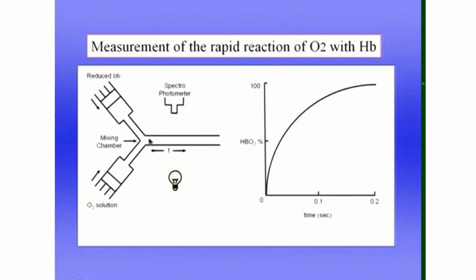And then as the solution passes along here, the reaction takes place. The solution passes along here quite rapidly, and we use a spectrophotometer to measure the increase in the oxygenated hemoglobin, because the spectrum of oxygenated hemoglobin is quite different from that of reduced hemoglobin.